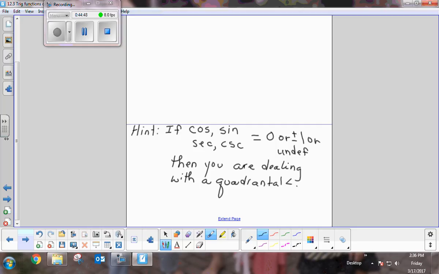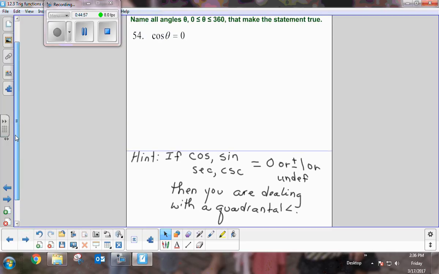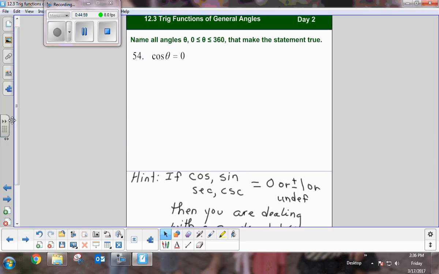In other words, the terminal side is going to be on the x or y axes. So notice the cosine of theta is 0, right? So that means I'm dealing with a quadrantal angle.